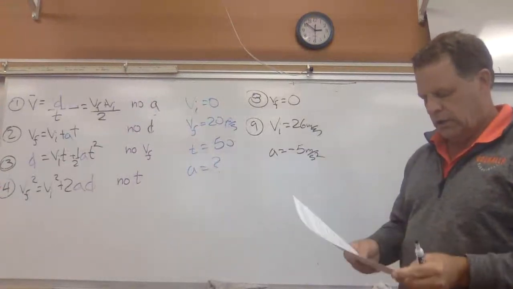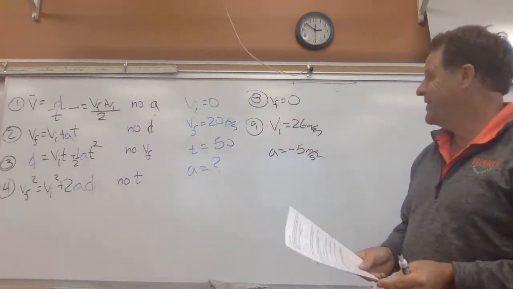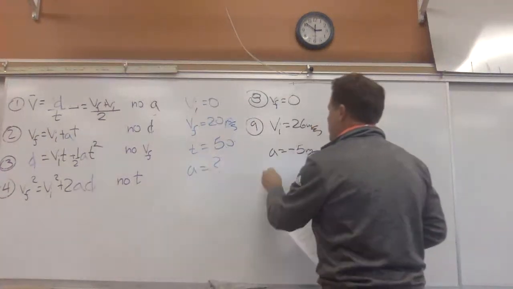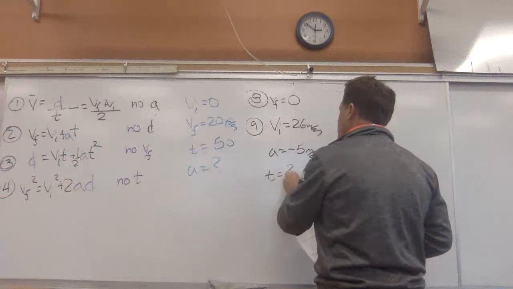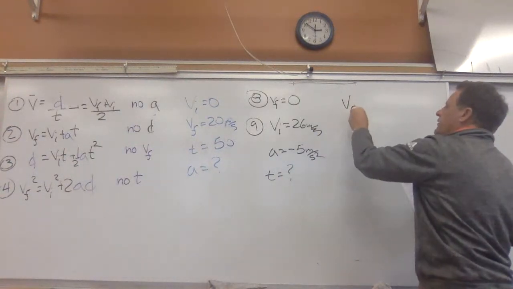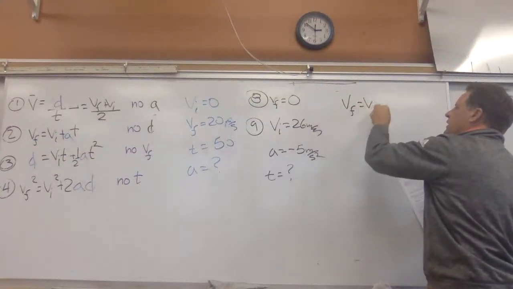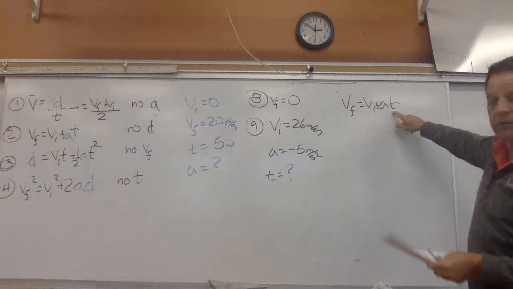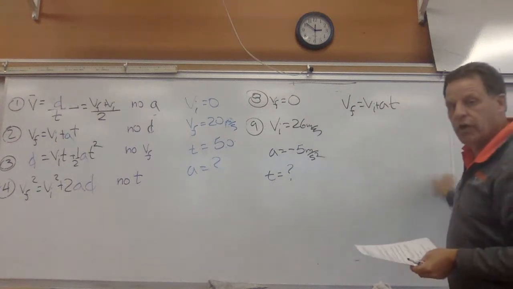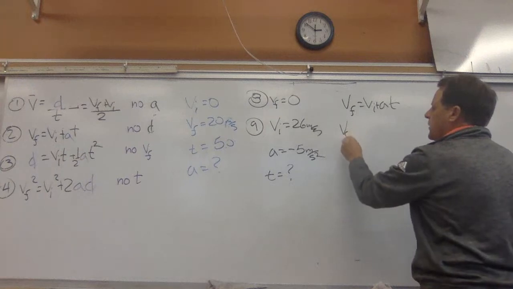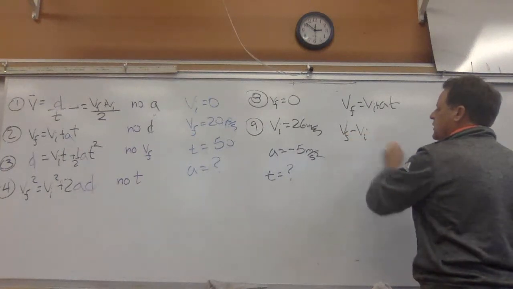And we are looking for the time. Again, we have the same 4 variables. So we're going to say v final is equal to v initial plus at, except this time we are solving for our time.